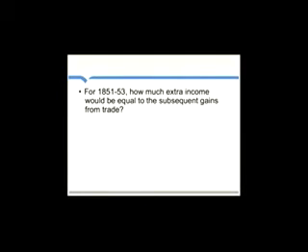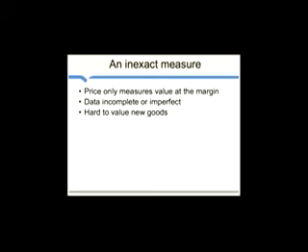These measures, of course, are somewhat inexact. For instance, measuring the value of exports and imports is based on market prices, but market prices, as we know, they only measure value at the margin for the final increment of a good or service which is traded in the market. Also, this is a study of the middle of the 19th century, and the data are to some extent incomplete or imperfect.